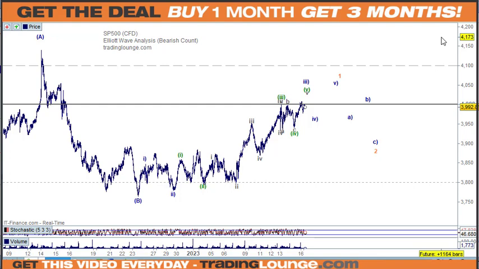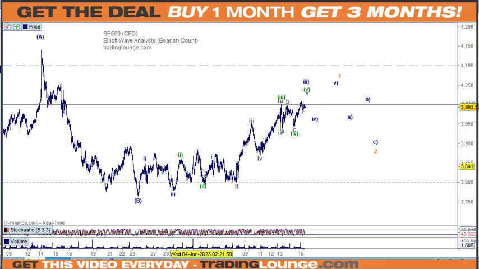So the interesting thing here is that if I'm correct with this, then the bearish count and the bullish count for the short term of being 1, 2, 3, 4, 5 to the upside will be the same. So that's kind of interesting. These little ones here, the only takeaway I can get is that this top to this bottom here, that's 1, 2, 3, 4, 5.